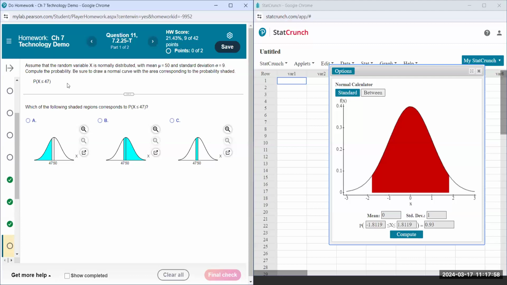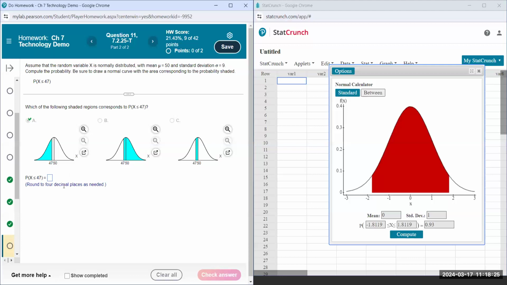So which one is correct? First of all, if I randomly choose a person, it's below 47. So all of 47 is below, to the left. So less than means to the left side. See how this arrow is pointing to the left and this is shading to the left? It's the only one that's shading everything to the left of 47. So let's check that.